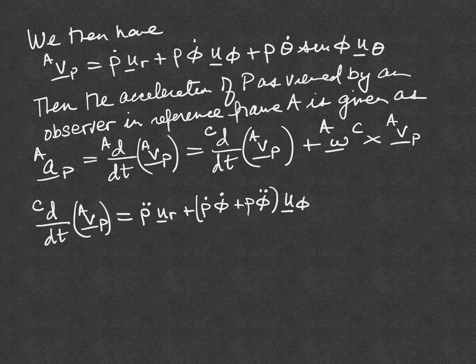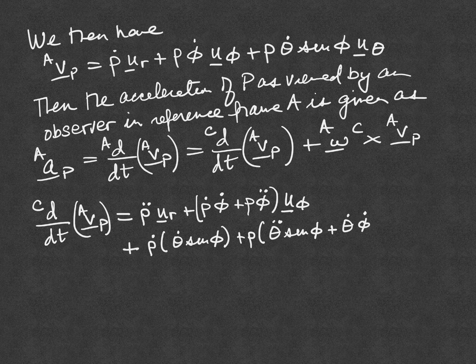And then this last term is a little bit long, so I'm going to put it on the next line, which is plus, I get rho dot times theta dot sine of phi, and then I get plus rho times theta double dot sine of phi plus theta dot phi dot cosine of phi, that whole thing is multiplied by u sub theta.